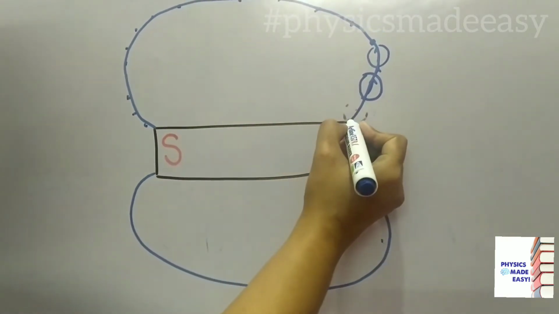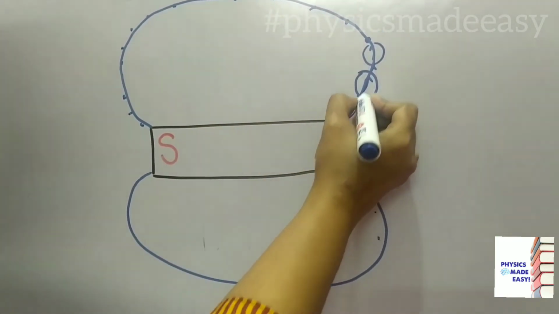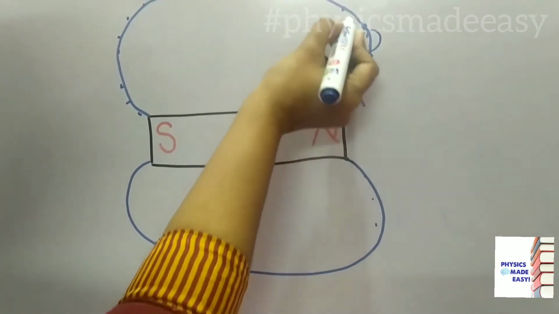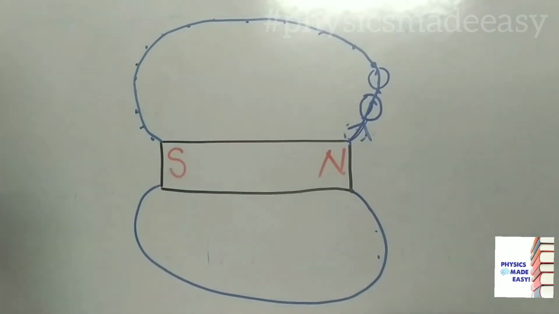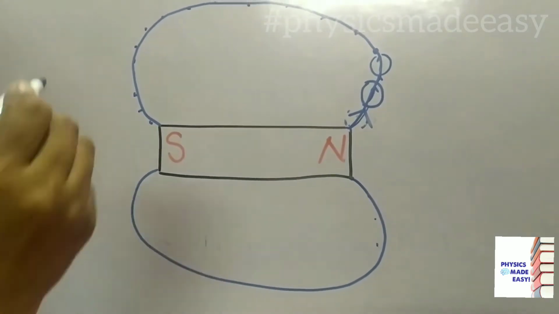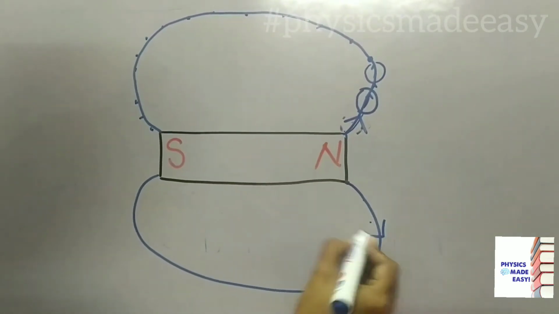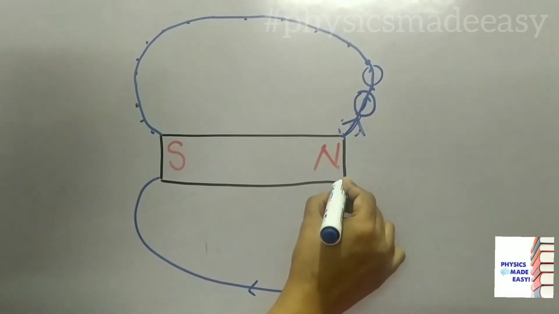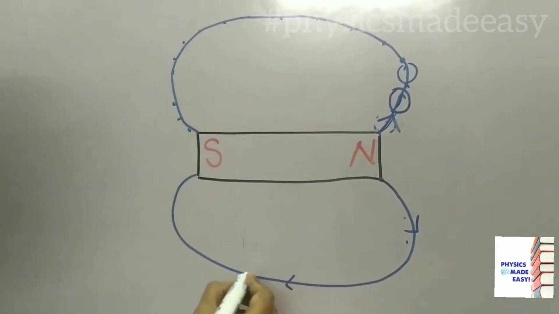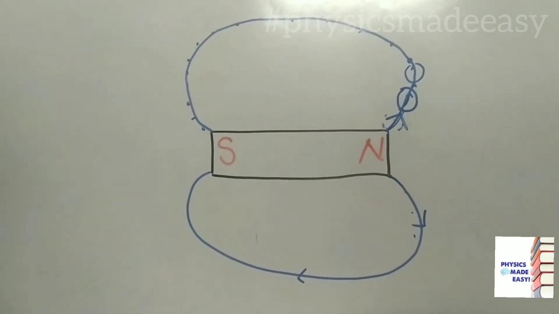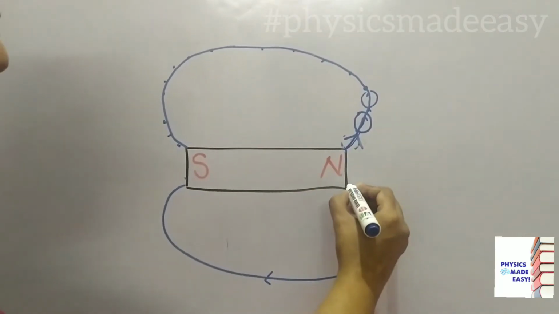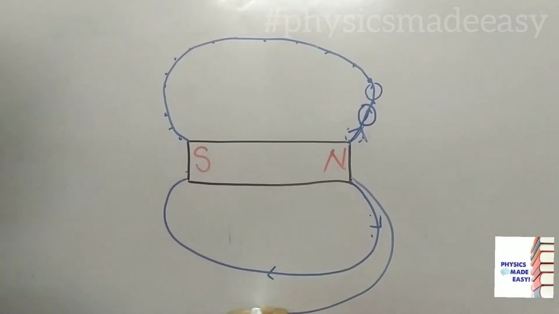Here we started from here, so you can show the direction like this, starting from the north pole and ending at the south pole. This is also very important. In the same way, we can show the arrow here, emerging from the north pole and merging into the south pole. Like that we can draw many magnetic field lines.